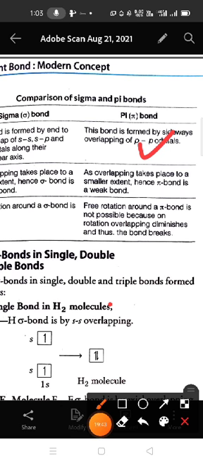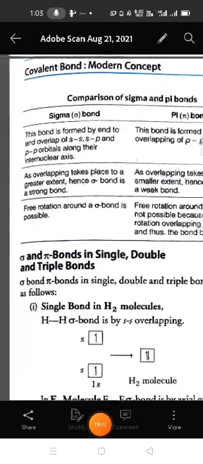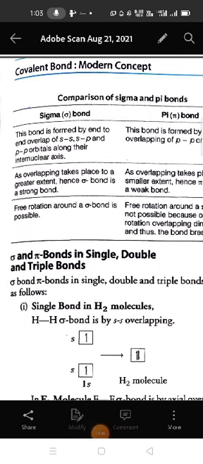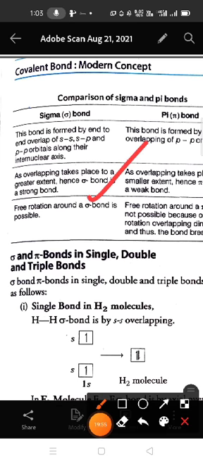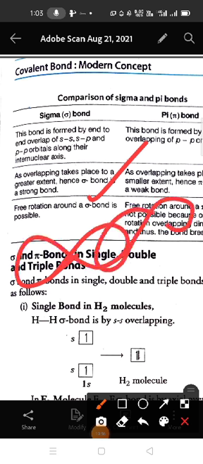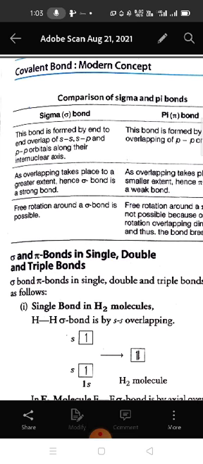As overlapping takes place to a greater extent, the sigma bond is a strong bond. If overlapping is more, it will form the sigma bond.